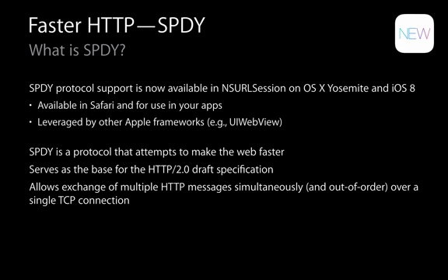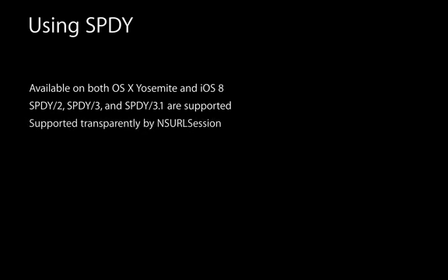So if you'd like to use SPDY in your applications, here's what you need to know. As I mentioned, it's available on both OS X Yosemite and iOS 8, and we support 3 versions of the SPDY protocol: 2, 3, and 3.1. And what we've decided to do is make it supported transparently by NSURLSession. This goes along the lines of a philosophy we have, which is that we will always pick the best protocol we should use when communicating with your server.